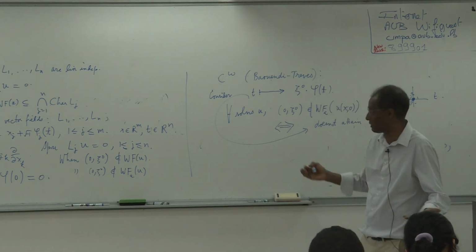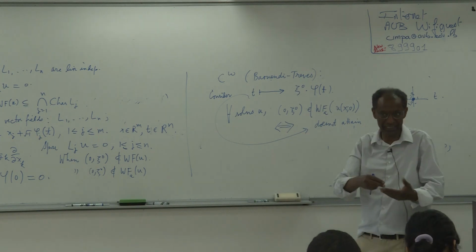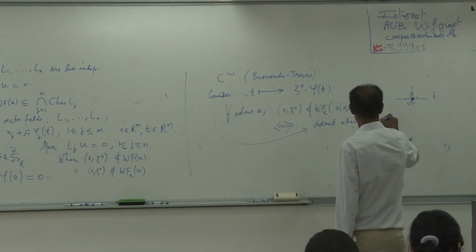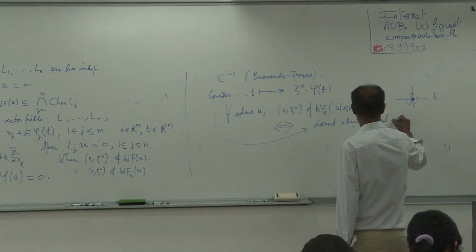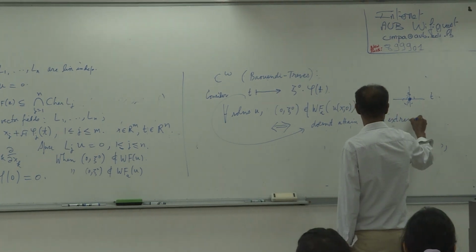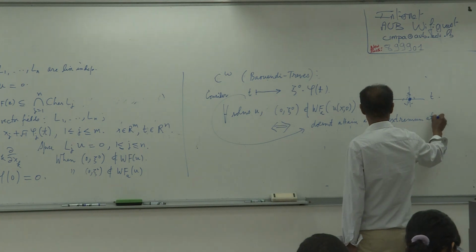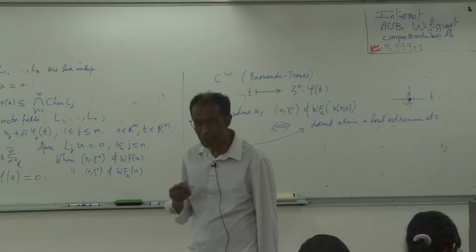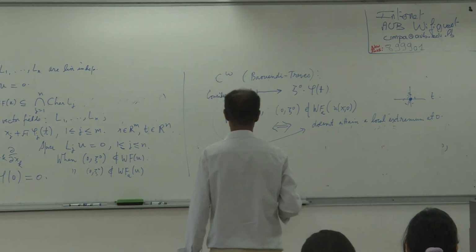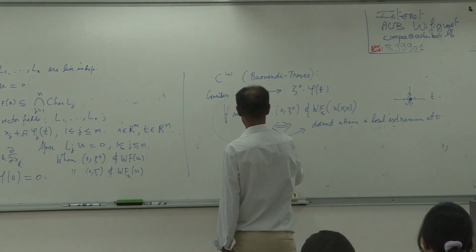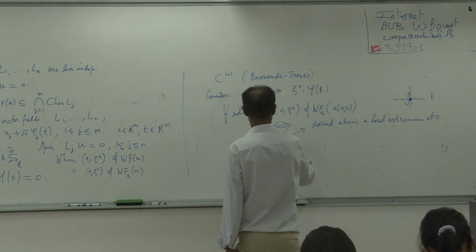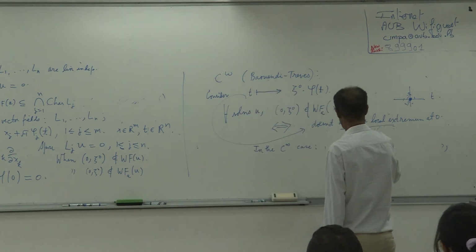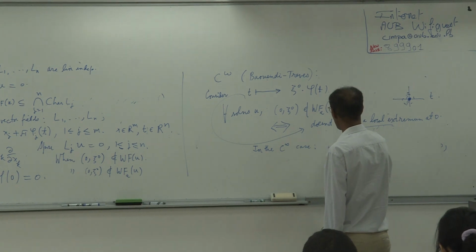You understand that? This is a very simple condition to check, right? This is in the real analytic case. Now in the C infinity case, this condition, it's easy to show, is always a necessary condition.